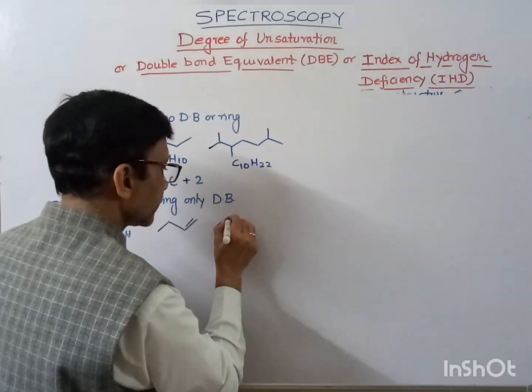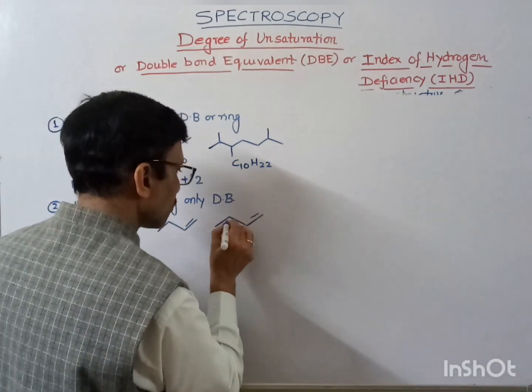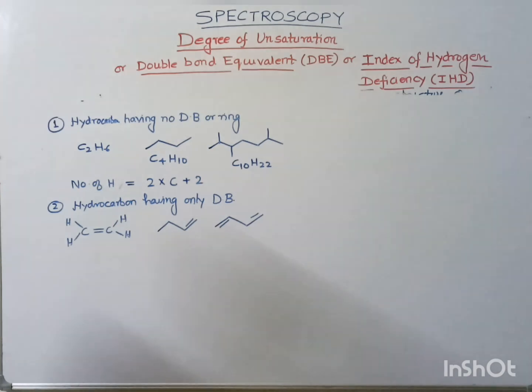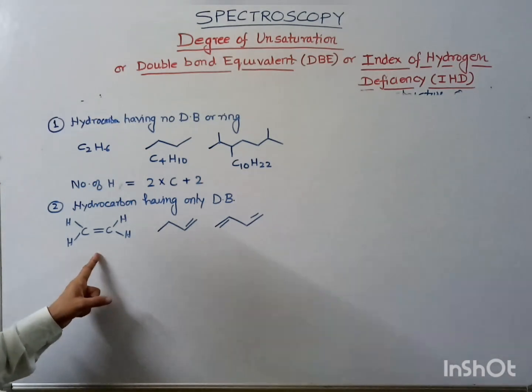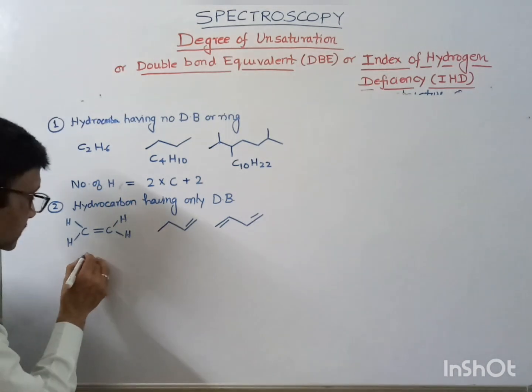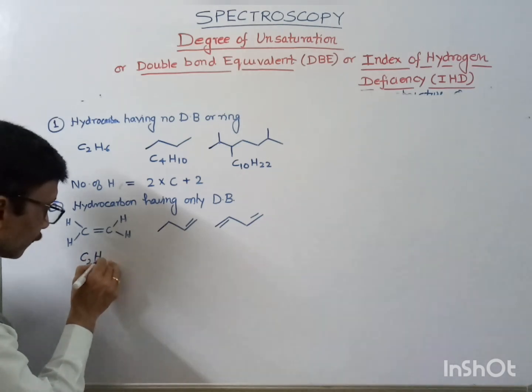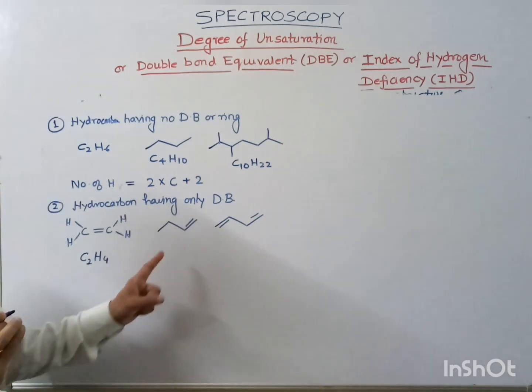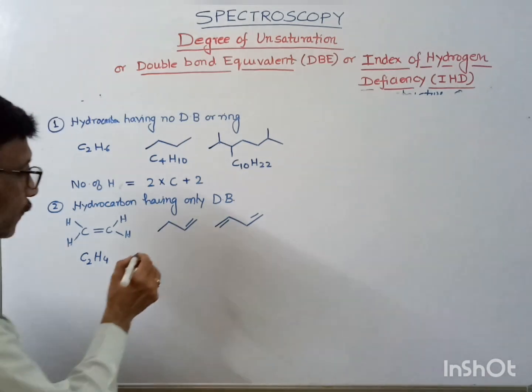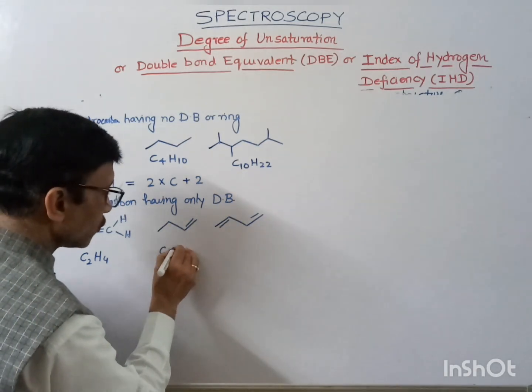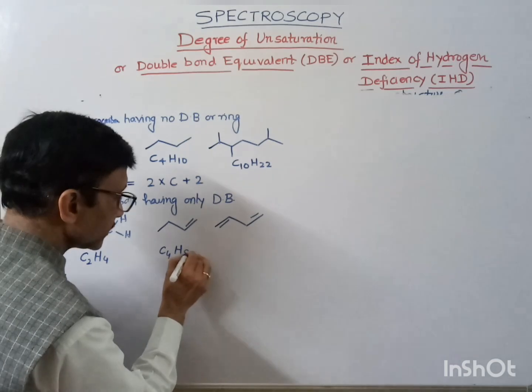This is another case when two double bonds are present. So what is the formula for this? The formula for this is C2H4. Here, the formula for this is C4H8.